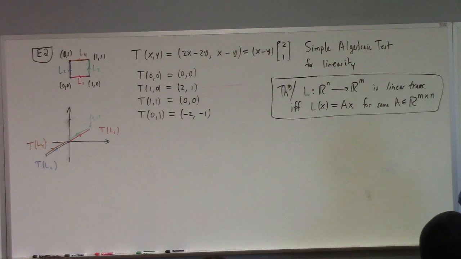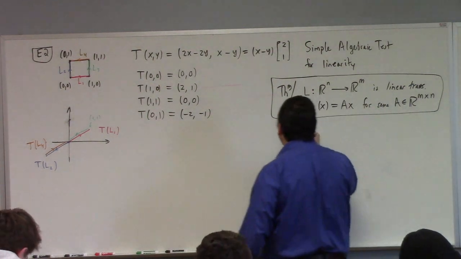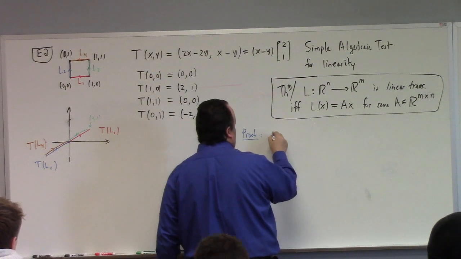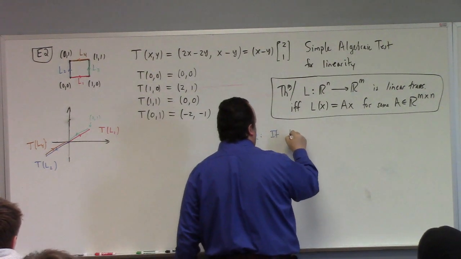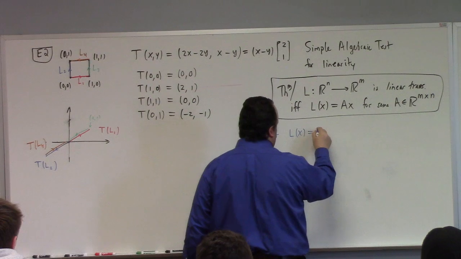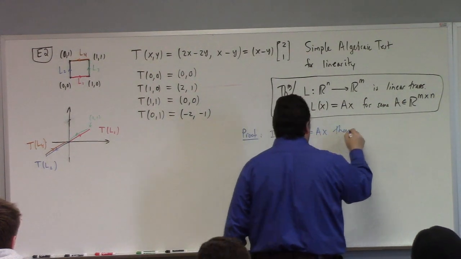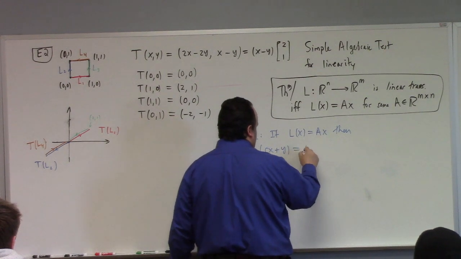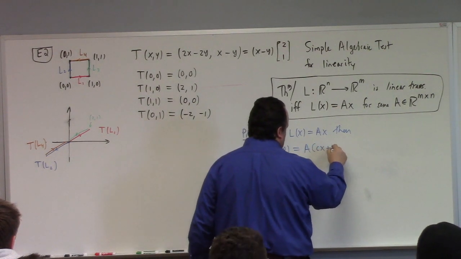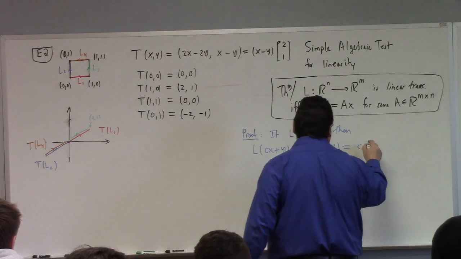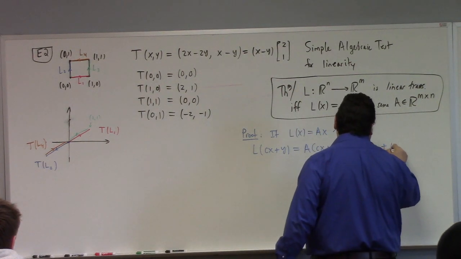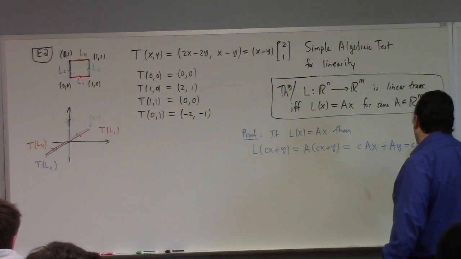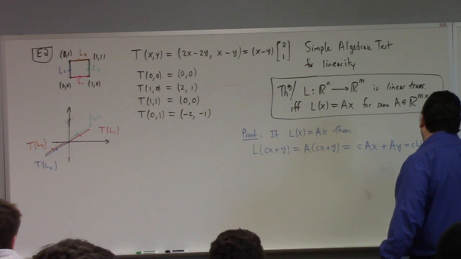So the proof of this we should talk about. Here's the proof. If L of x is equal to Ax, then if we have L of Cx plus y, that's A times Cx plus y. But that's C times Ax plus Ay, which is equal to C times L of x plus L of y.